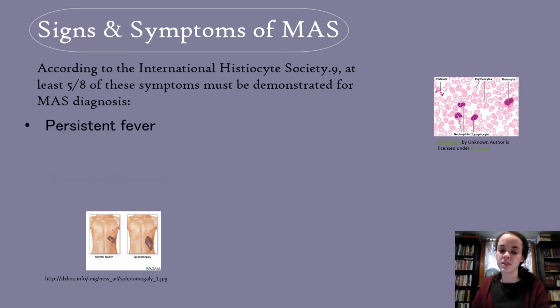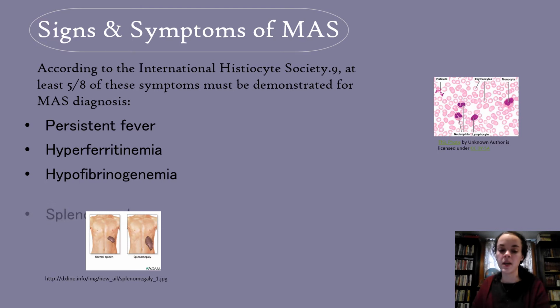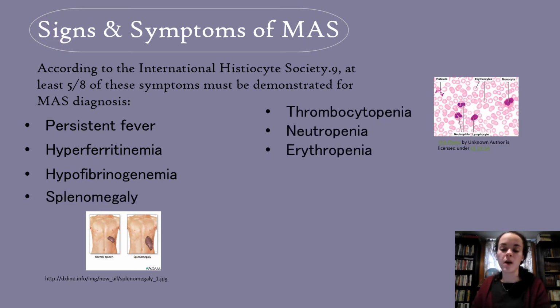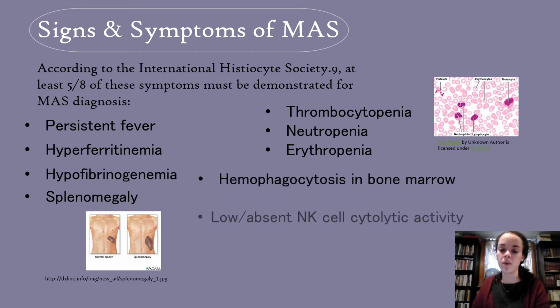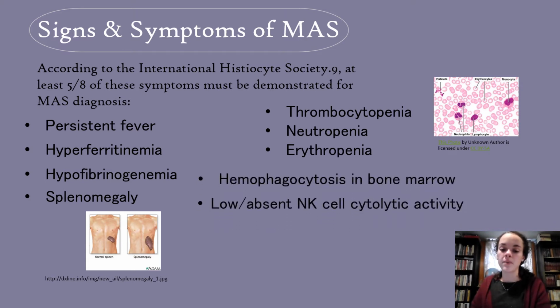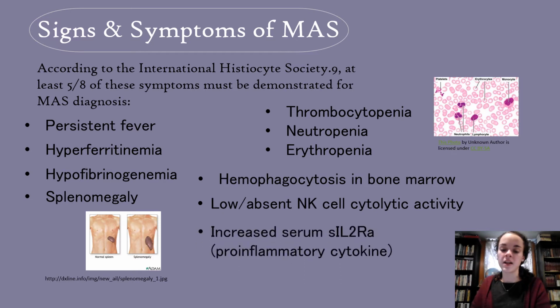So those include persistent fever, hyperferritinemia, hypofibrinogenemia, which are both levels you can test for in the blood, splenomegaly, which is an enlarged spleen, 2 of the 3 cytopenias here, hemophagocytosis in the bone marrow, lower or absent natural killer cell activity, and then increased levels of a certain cytokine. So 5 out of the 8 of these have to be present to diagnose for MAS.